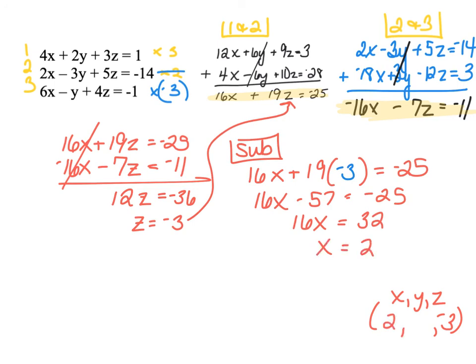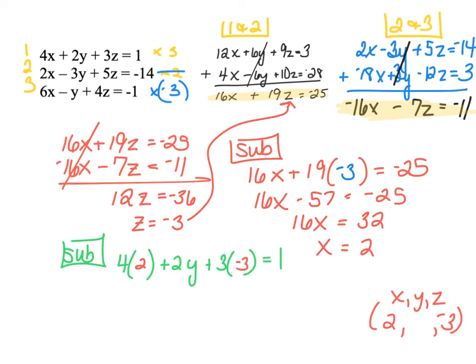Okay, so now I just need y. So I'm going to end up substituting one more time. I'm going to go back to one of my original equations. I'm going to go with equation number 1, which was 4 times x, which I now know is 2, plus 2 times y, and I don't know y, plus 3 times z, which I know is negative 3, equals 1.